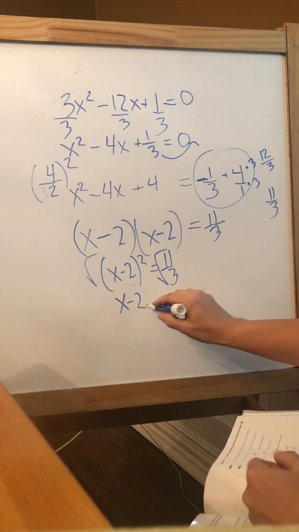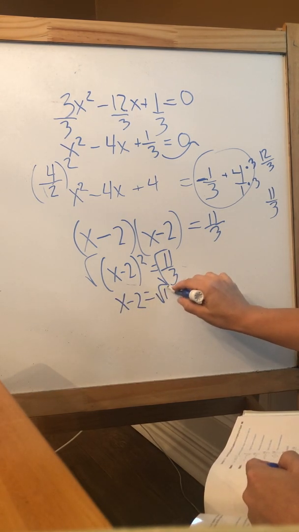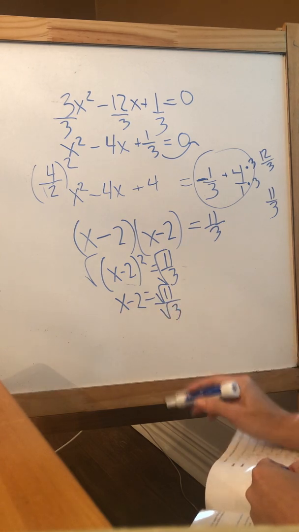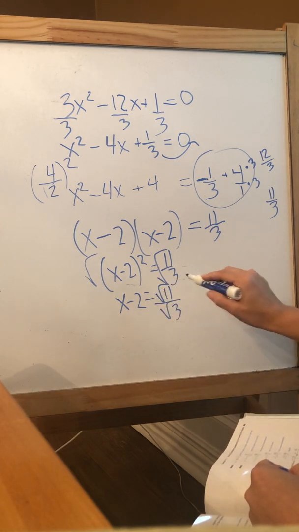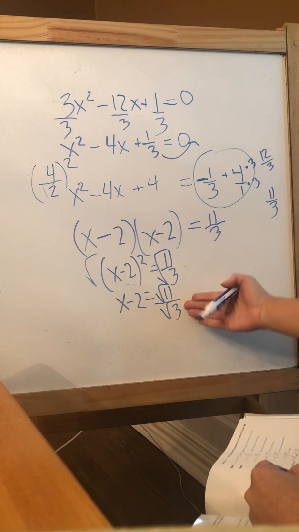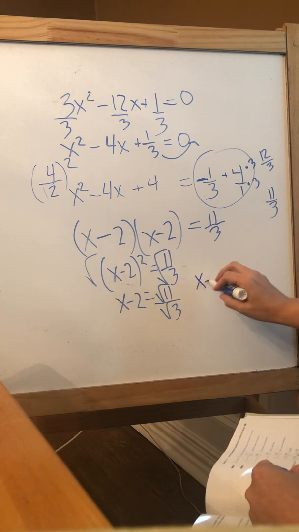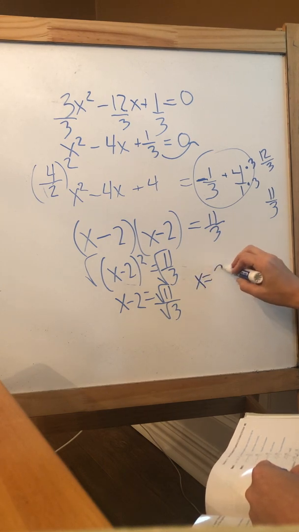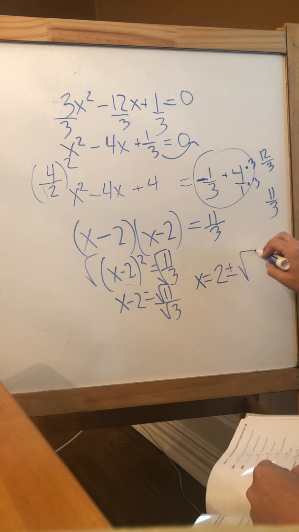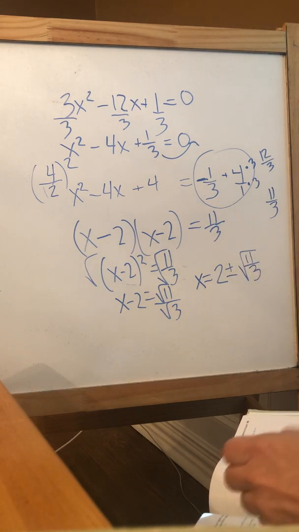We have x minus 2 equals square root 11 over square root 3. So go ahead and add 2, or actually, this can just stay. So you're going to have x equals 2 plus or minus the square root of 11 over 3.